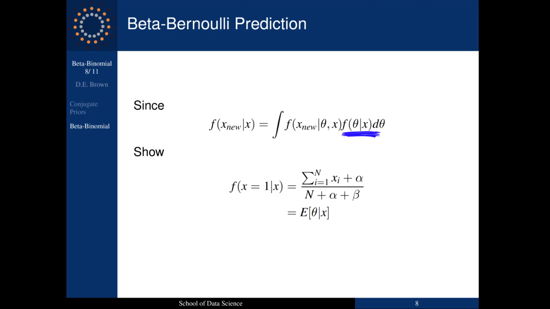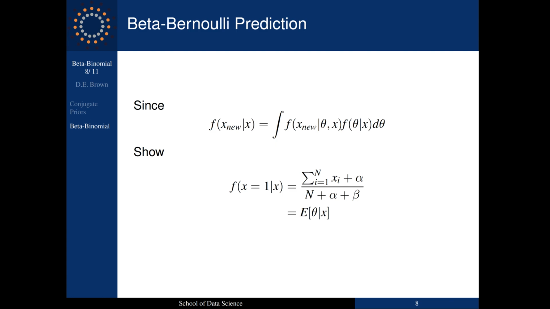So we just use our conditioning argument, and that is going to be the integral of the likelihood of observing this new value, given theta and given the data that we've observed up until now, times the posterior distribution for theta, integrated over all values of theta.